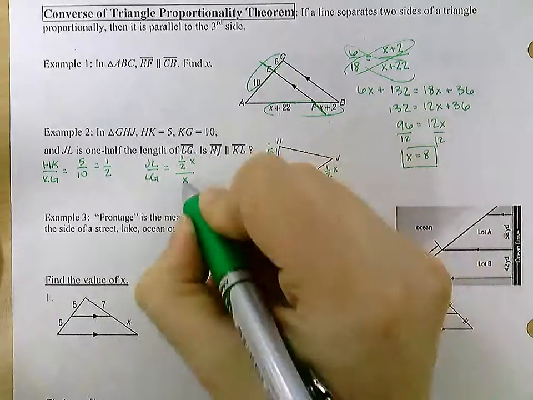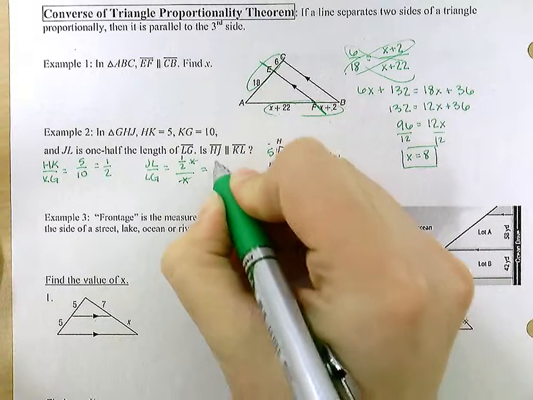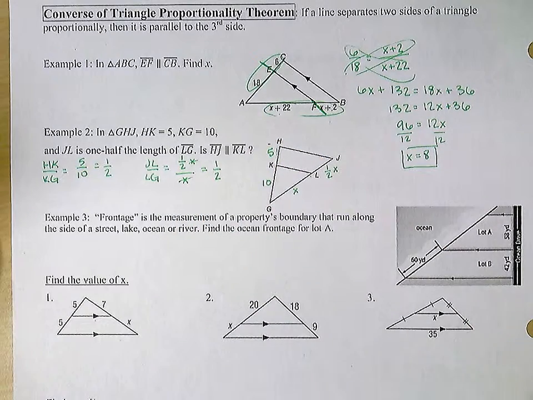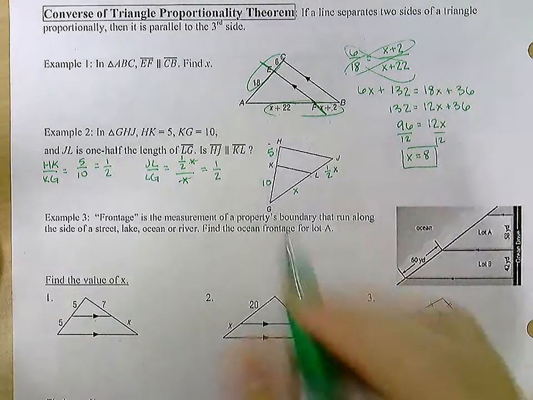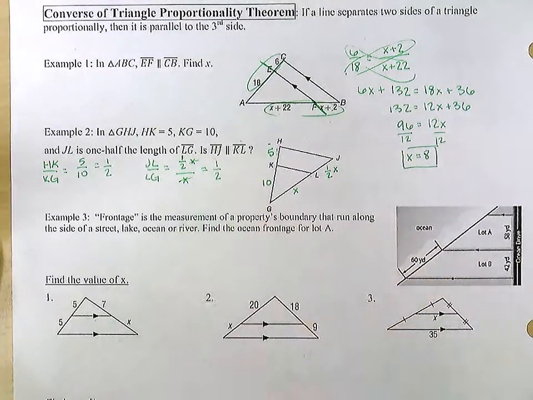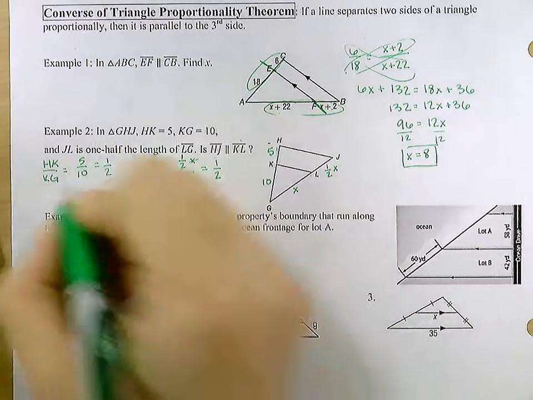They cancel out, right? So I finish with 1/2.